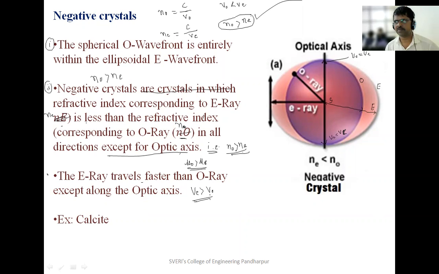That is, for MCQ, V is greater than V0 except along the optic axis. An example is calcite. Calcite is an example of negative crystals.